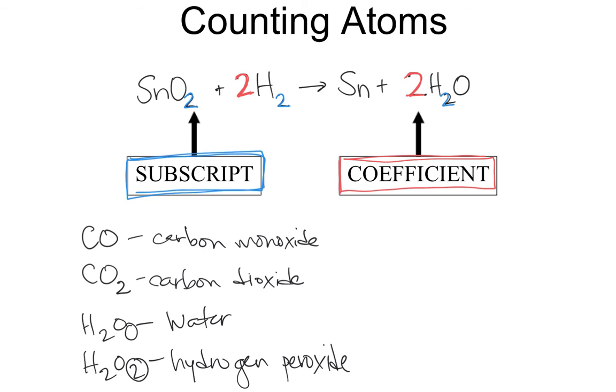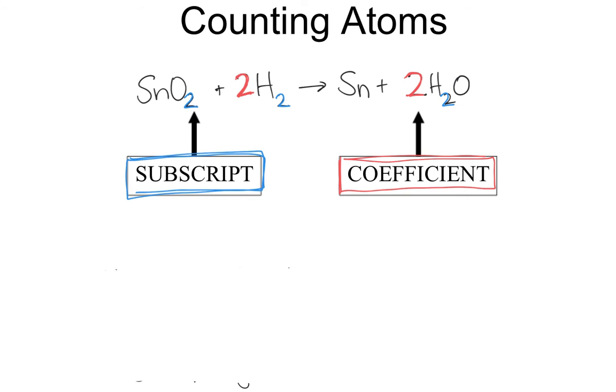A coefficient functions just like it does in math, and you multiply everything after it by that number until you get to a new molecule. So in this case, we can count our atoms here, and we have tin, oxygen, and hydrogen on the reactant side.